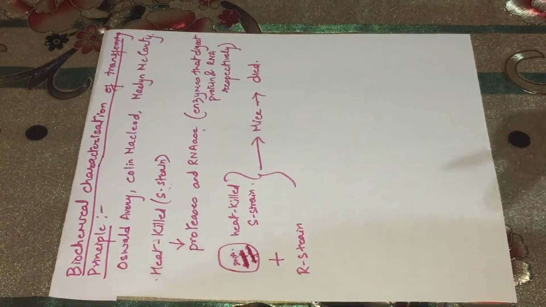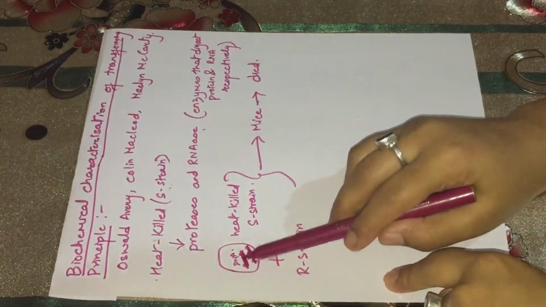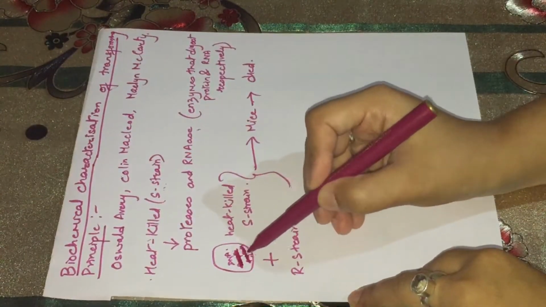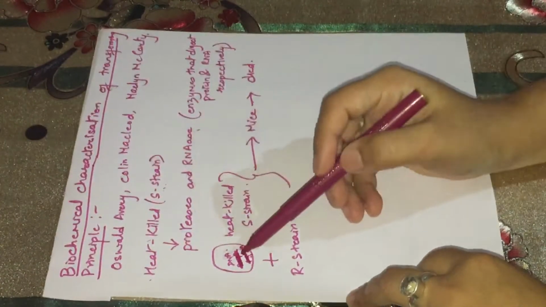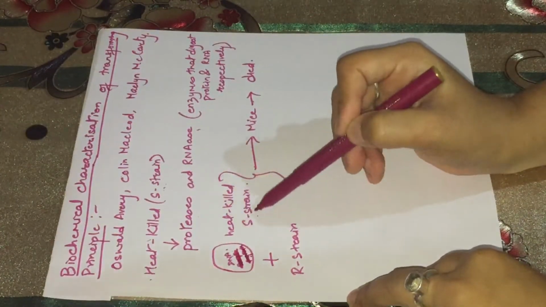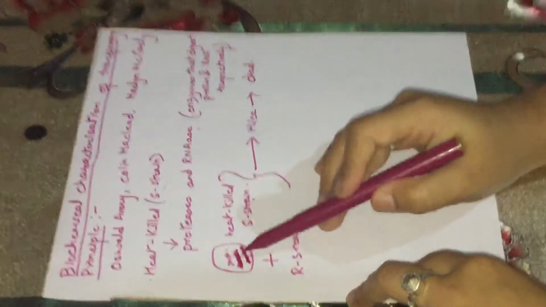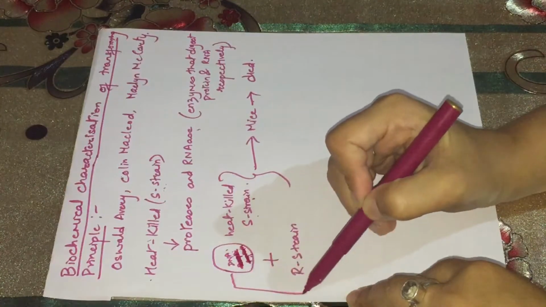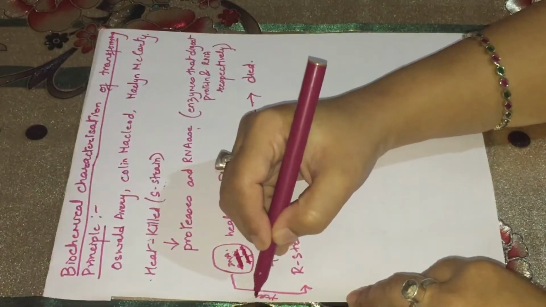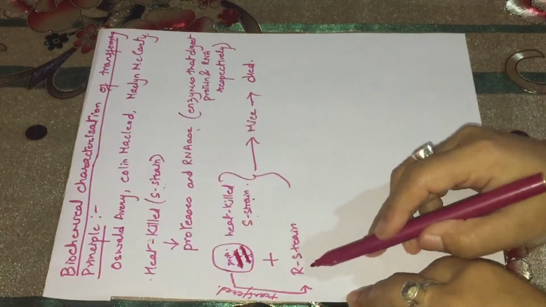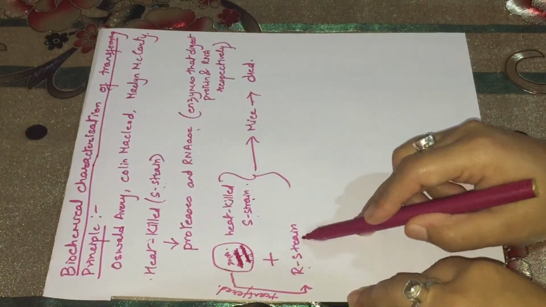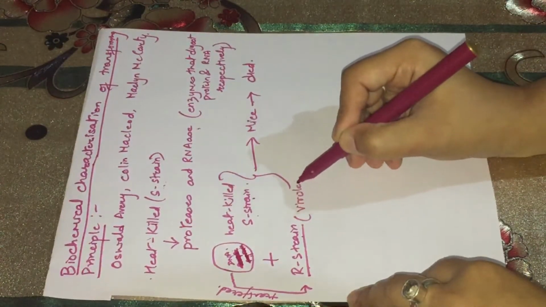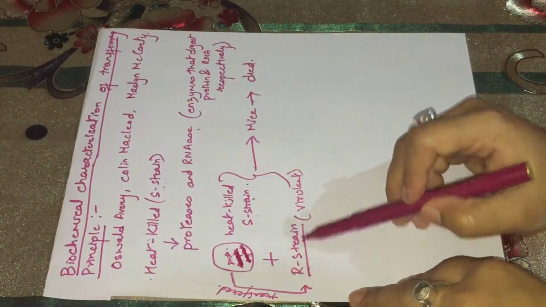So what they concluded is that it is actually DNA only that is acting as the genetic material. Because when RNA and protein were already digested, only DNA was left in this heat killed S strain bacteria. But even with only DNA there, this DNA was transferred to the cell of the R strain bacteria and transformed that R strain into the virulent form.